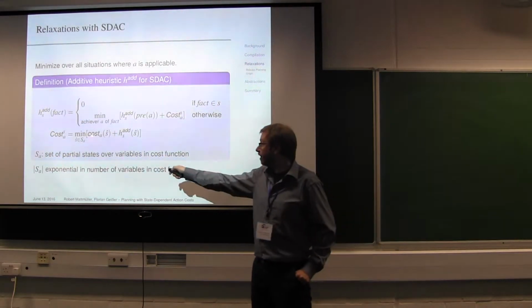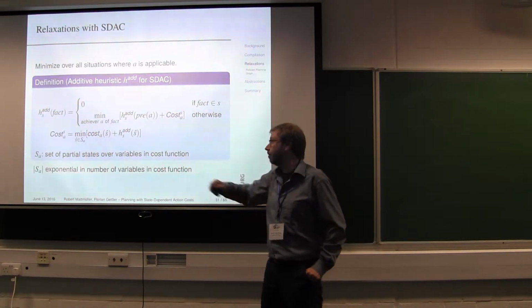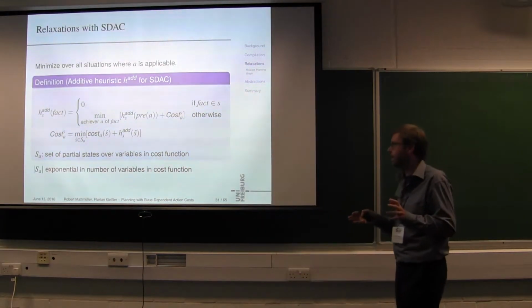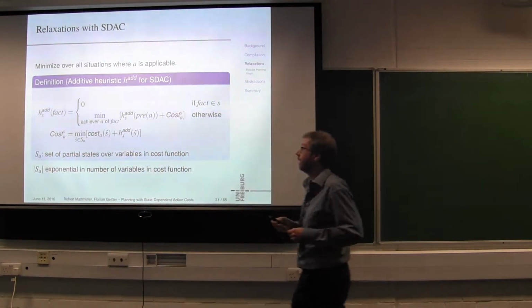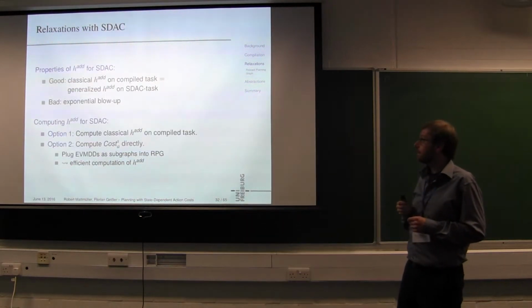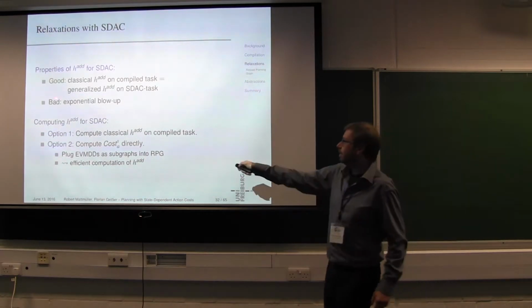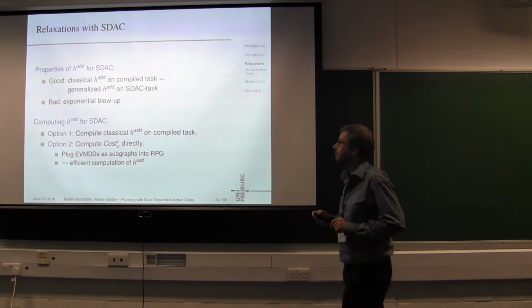The problem is that this minimization here can become exponential. There can be exponentially many contexts, exponentially many partial states of the variables in the cost function you have to minimize over. So that's a bad thing, but there's also good news.